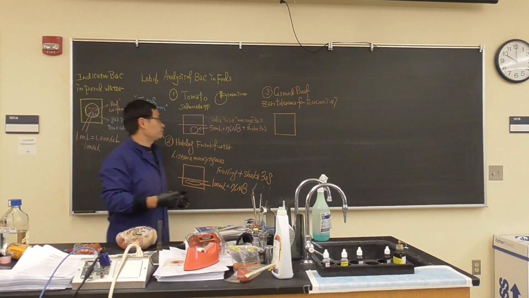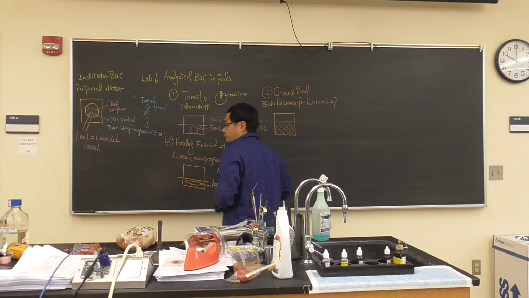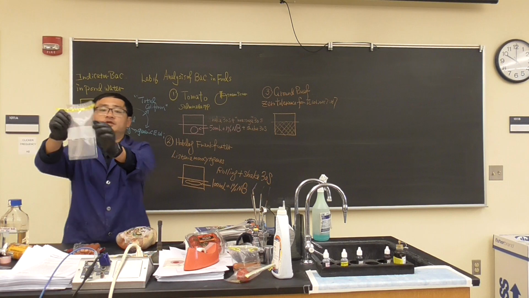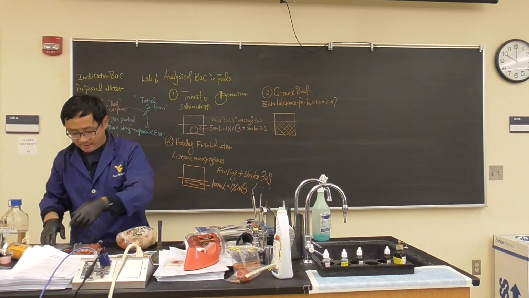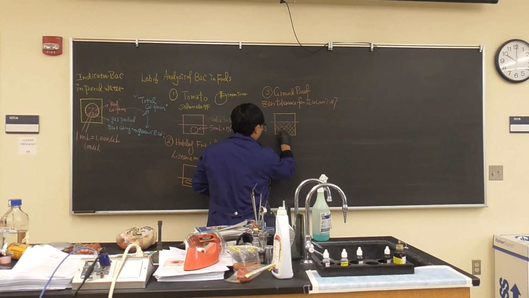For ground beef, we need to use a so-called filter bag, like this. You can see there is a filter inside. We need 25 grams.